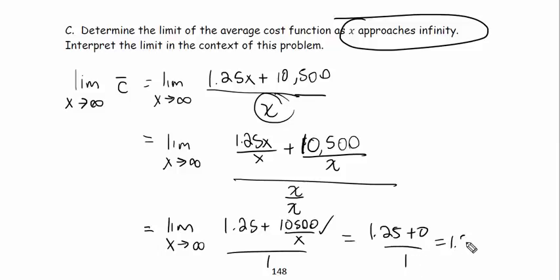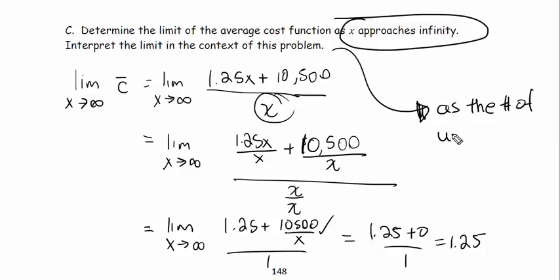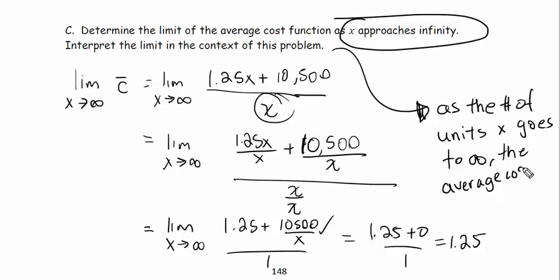So it's 1.25 plus 0 over 1, or 1.25. In the context of this problem, it says that as the number of units x goes to infinity, meaning increases indefinitely, the average cost will level out at 1.25, meaning that you can't ever get cheaper than $1.25 to recycle a ton of material.